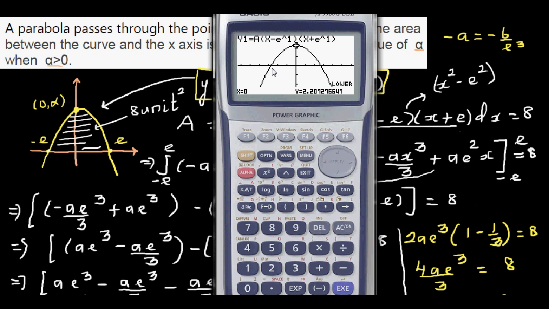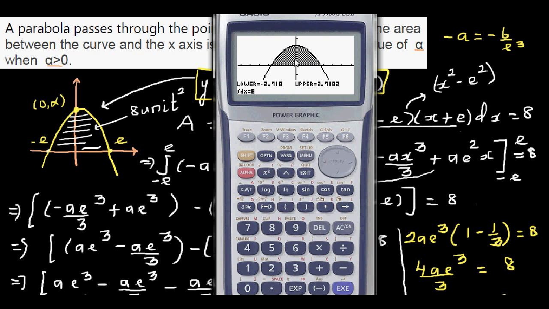The lower limit is minus shift e. This is minus e, and then your upper limit is shift e. Can you see the exact value is 8.